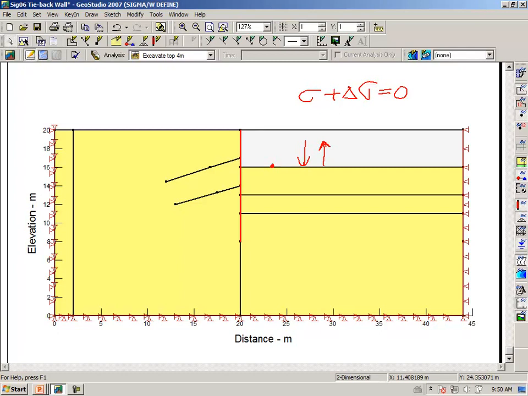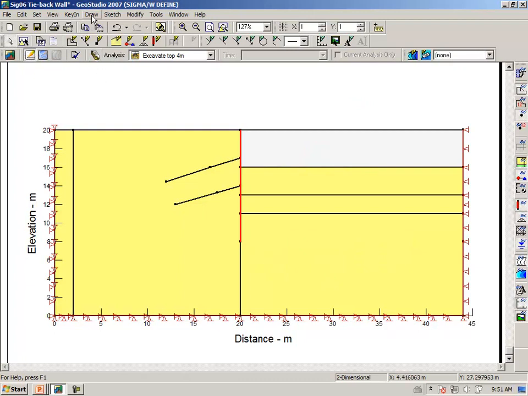So the stress was gamma times 4 meters. So gamma is 20 times 4 meters, which is equal to 80 kilopascals. We now need to apply a pressure in the upward direction representing this 80 kPa.